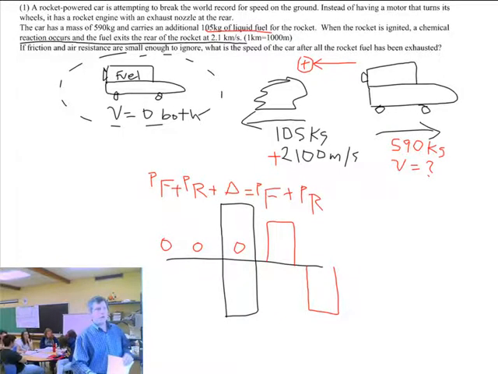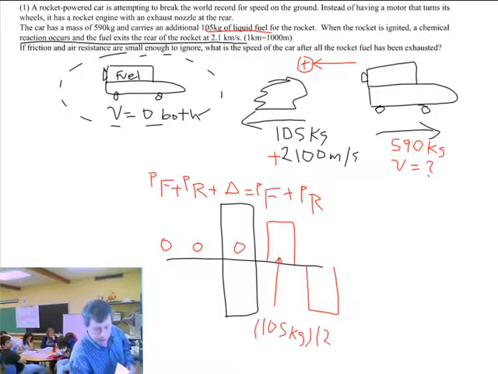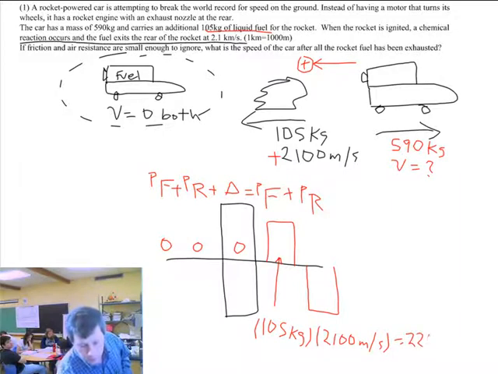The final momentum of the fuel equals 105 kilograms times 2100 meters per second, which is some large amount.